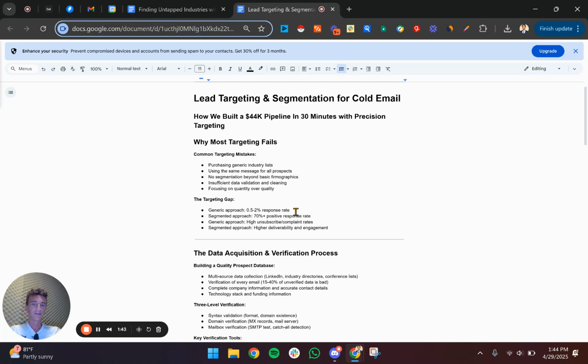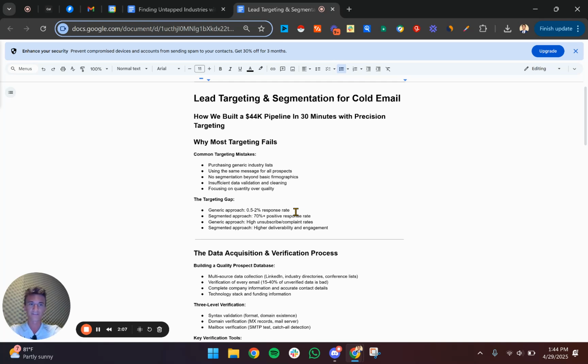So they also use a lot of templated messaging, right? You're probably having the same template sent out essentially for all the prospects, and you're not personalizing the pain point or segmenting out the types of messages to which segment of that audience you should be sending. And on top of that, you're not really segmenting on pain points or benefits or things of that nature.